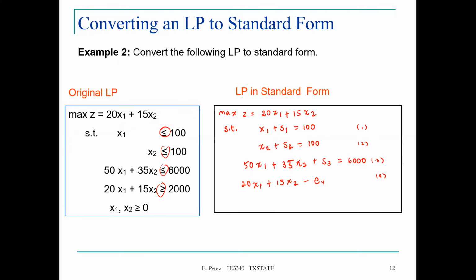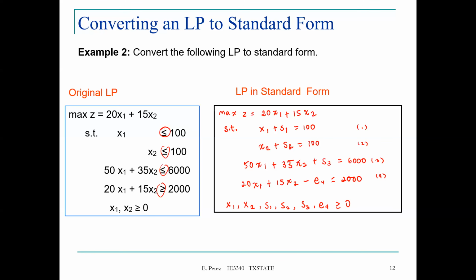So we subtract E4, and this is equal to 2,000. And then we make all these decision variables greater or equal to 0: 1, 2, 3, and E4 greater or equal to 0. And that's the standard form for that problem.